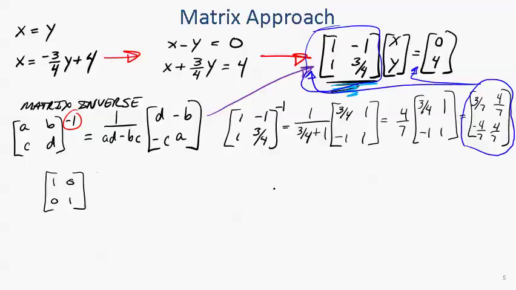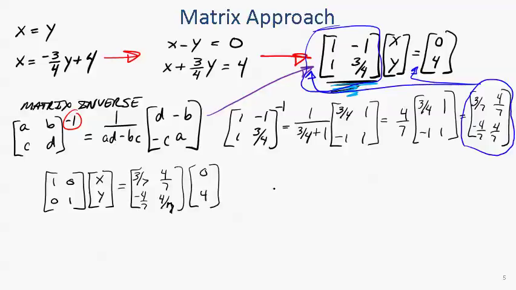That's the identity matrix. Now we have to multiply the other side: the inverse times 0, 4.